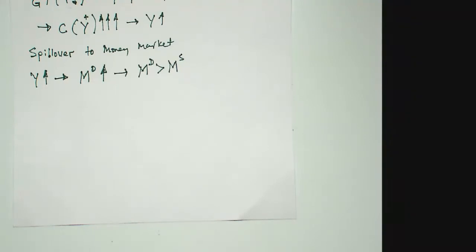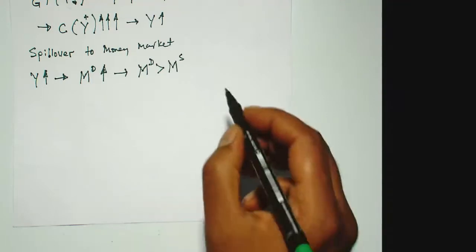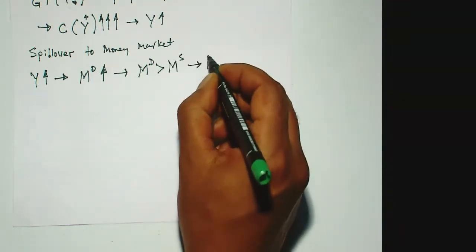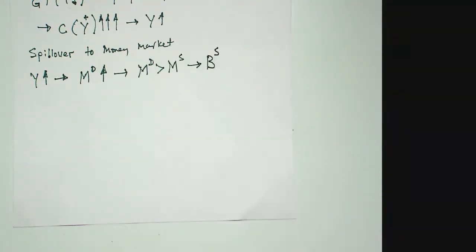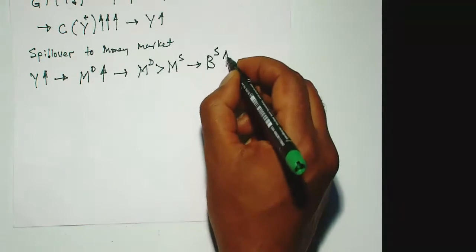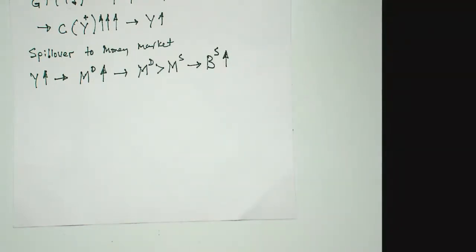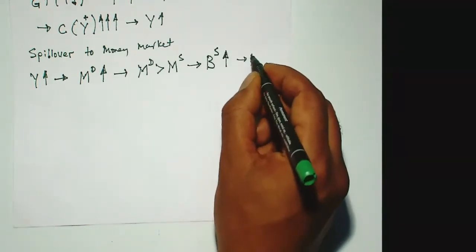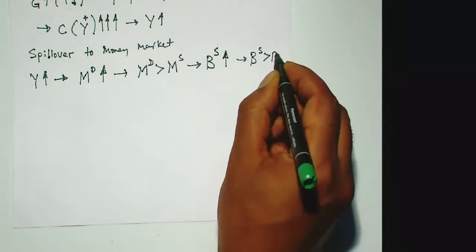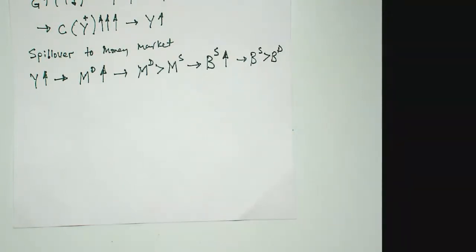If there is a high demand for money in the market, there would also be an increase in bond supply in the market. There would be an excess bond supply, which indicates that bond supply would be greater than bond demand.